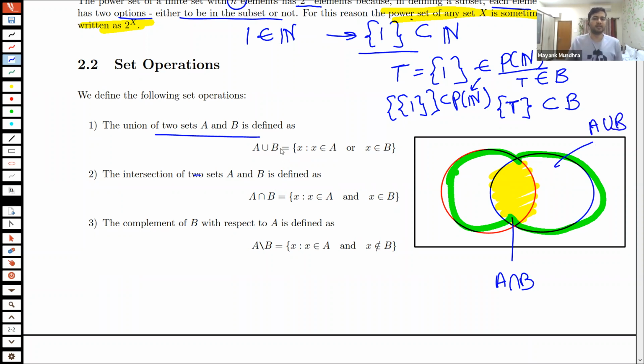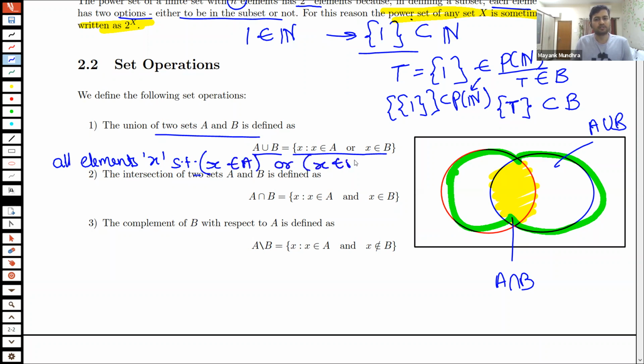A union B can be defined in set format as all elements X such that, in words, A union B is the set of all elements X such that X belongs to A or X belongs to B. That's the logical way to write the A union B set.